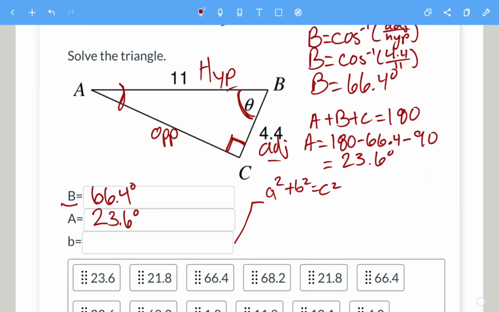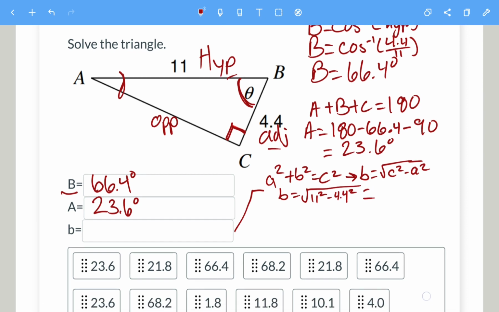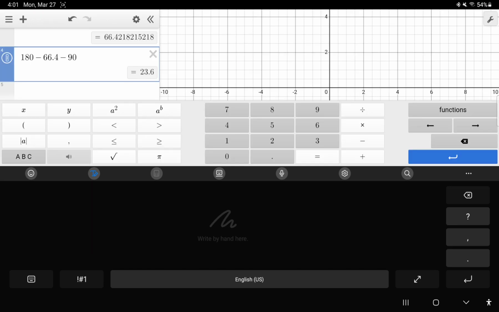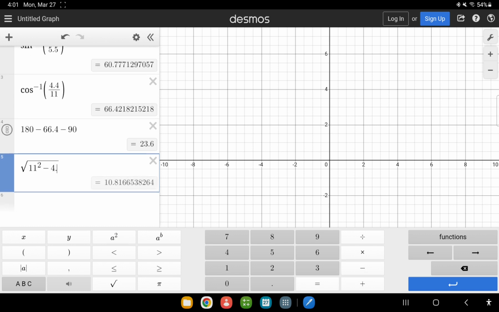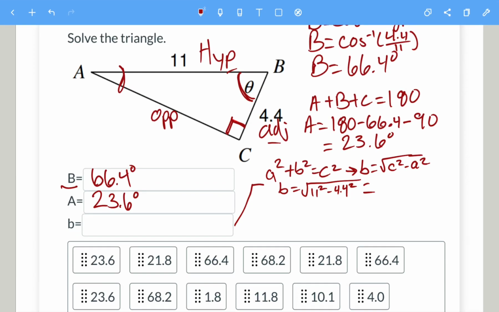So if a squared plus b squared equals c squared, then we know b is going to be equal to the square root of, no, that's supposed to be c squared minus a squared, my bad. 11 squared minus 4.4 squared, which if we plug that into our calculator, we get 10.1. So that's one way you could do it.